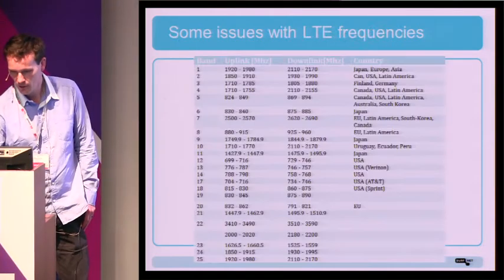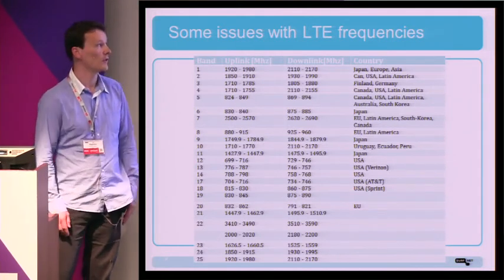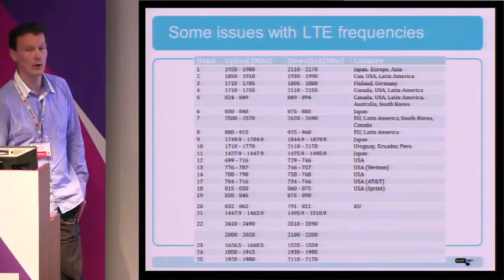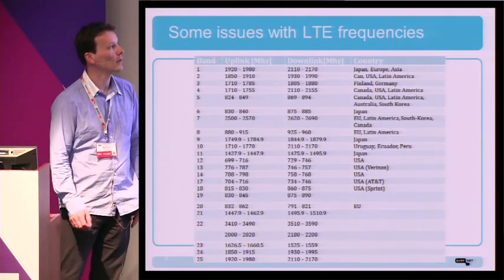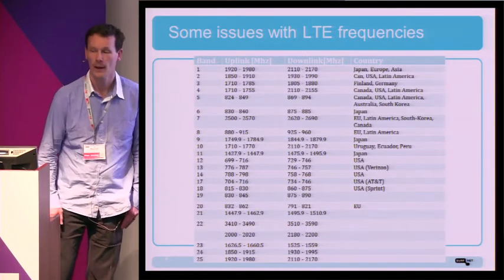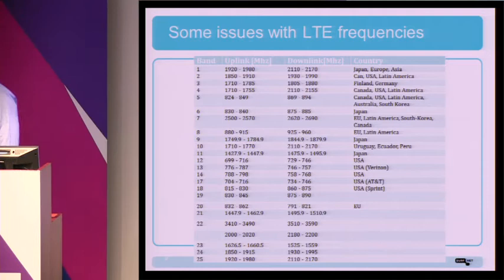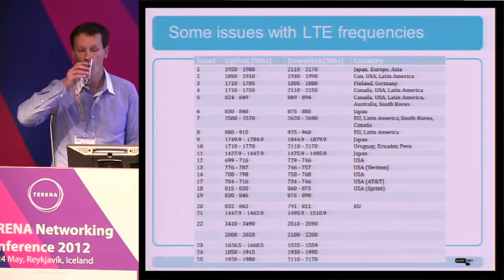And that's because if you look at the LTE frequencies, which are assigned through the local authorities in the world, you see that a lot of different frequencies are used for LTE, and that will make it a lot more complicated to roam from one country to another.